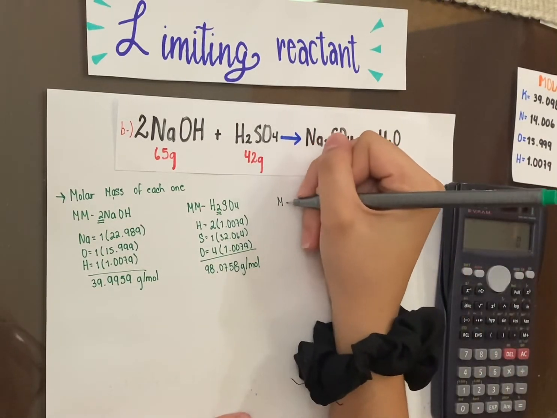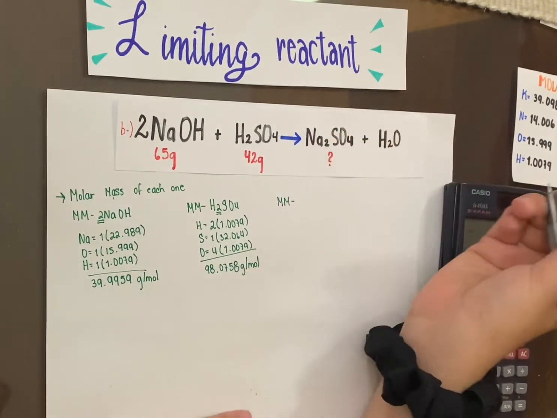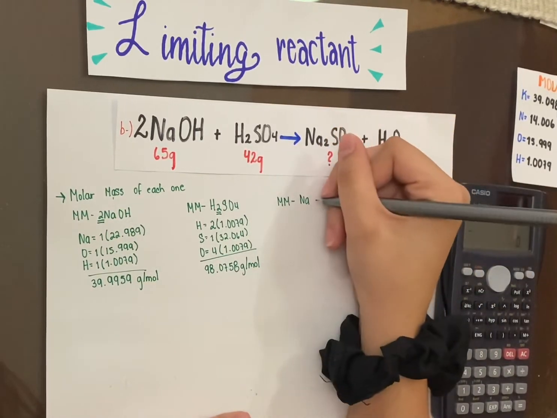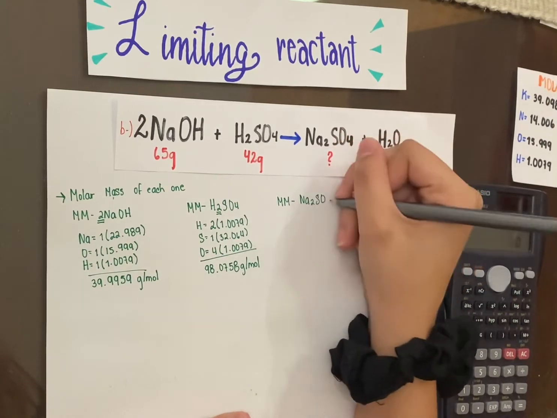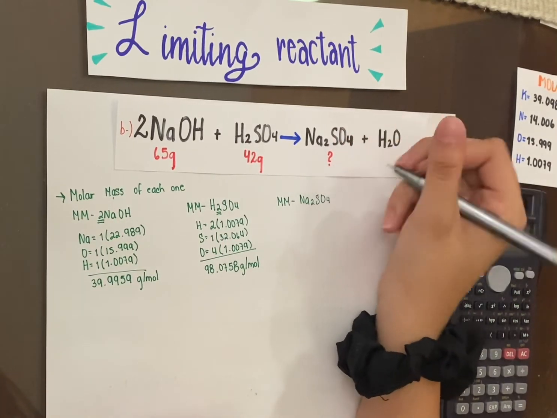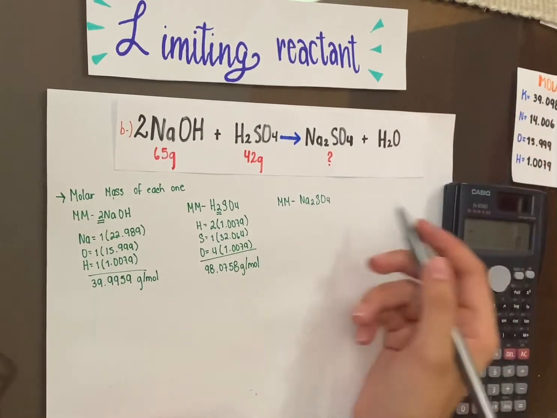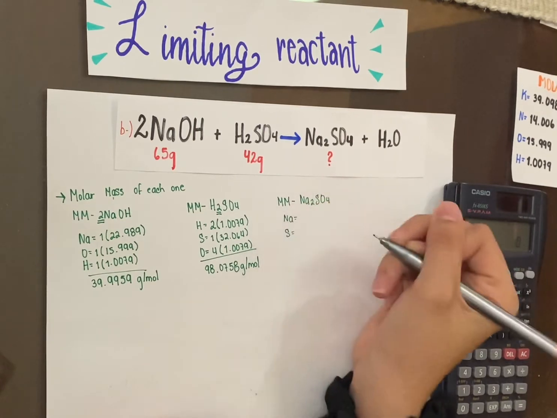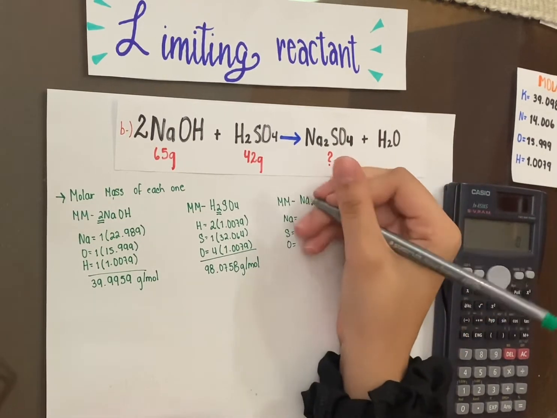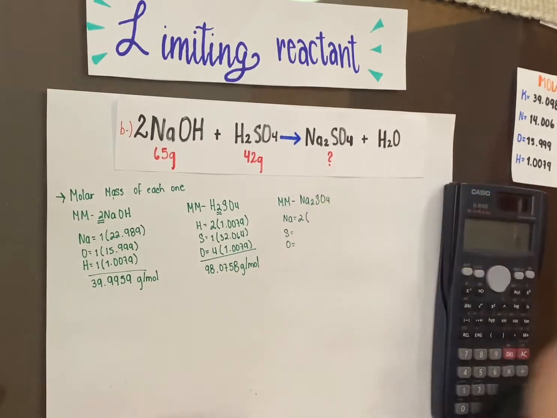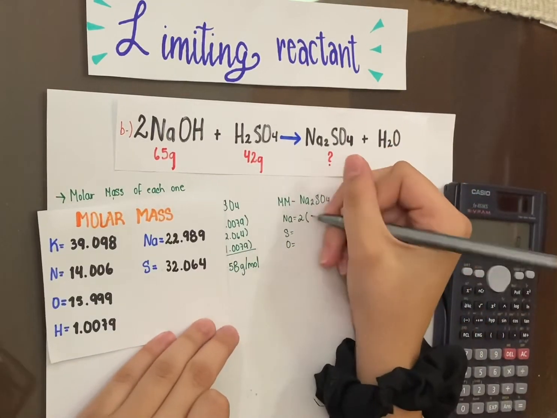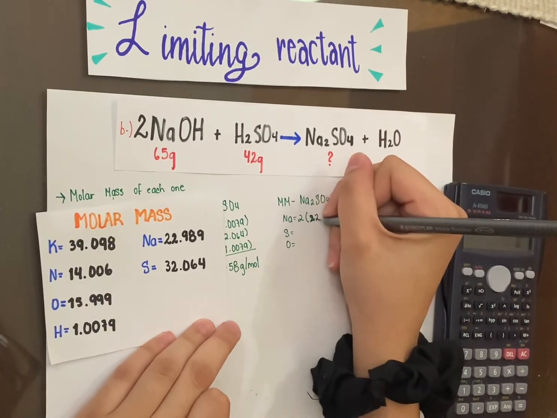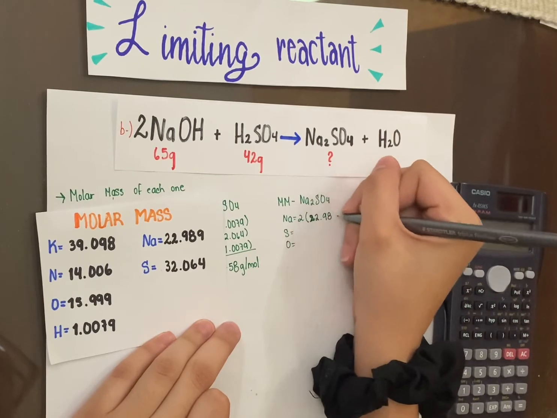Then I will take the molar mass of the other one that is unknown, that is this one. I have 2 as subscript, and sodium has 22.989.